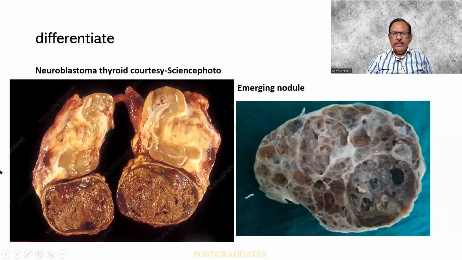I want you to differentiate between these two. To me, both look almost similar. In this one, I'm able to see a parenchyma. There is some amount of colloid, but at the lower pole, I'm able to see some grayish bone structure. It turns out to be a neuroblastoma. It is a post-histology wisdom.